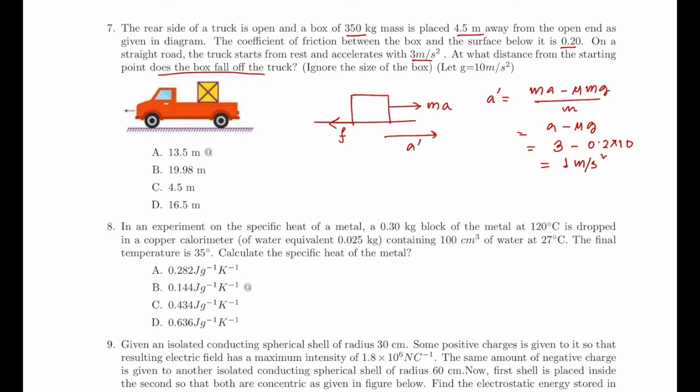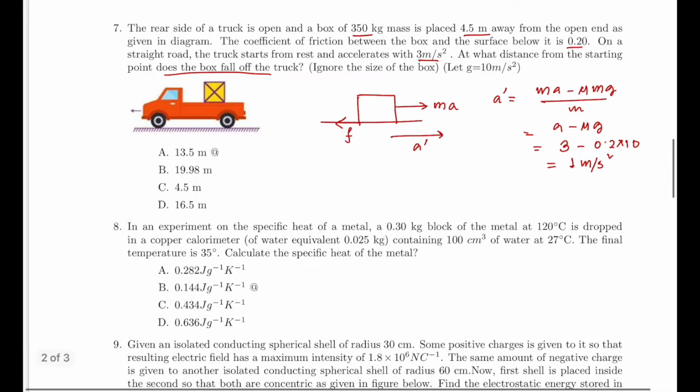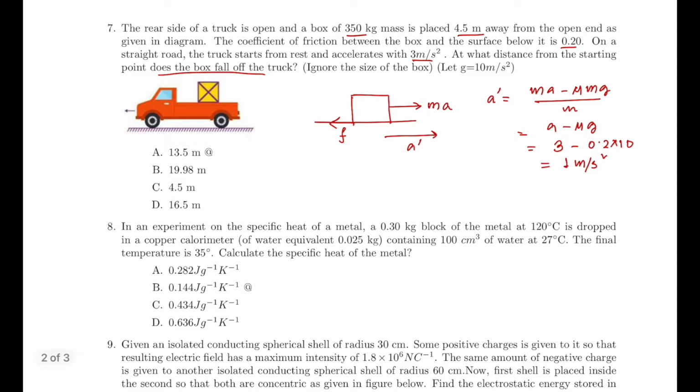So now we need to find out how much time elapses before it falls from the truck. To fall from the truck, it has to travel 4.5 meter, and that is equal to half into 1 into t square using this formula, and u is 0. That implies t is square root 9, which is 3 seconds.